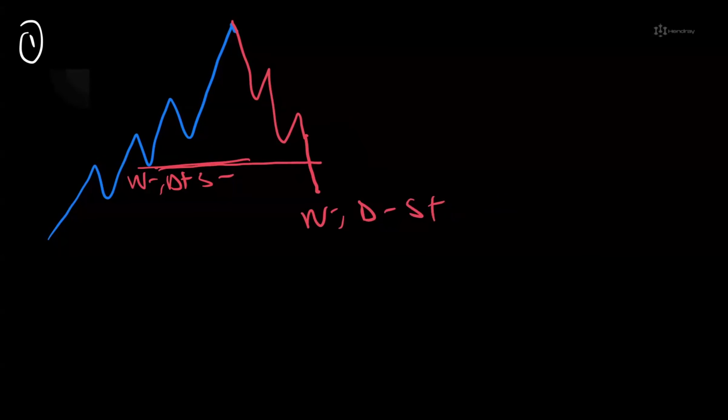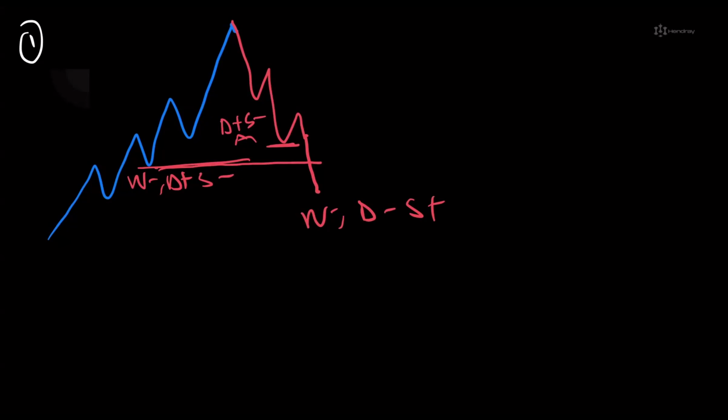And then this particular low here, this internal low, the opening range OR value there is, let's say, D plus, S minus. So we have W minus, D plus, S minus.